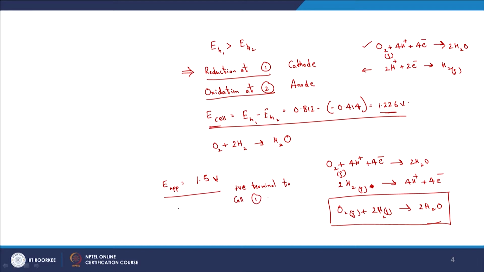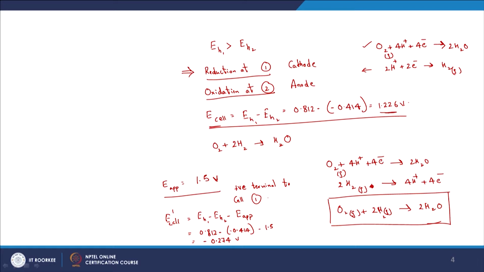Then I can write the new Ecell, Ecell dash, as EH1 minus EH2 minus E applied, and that's again going to be equal to 0.812 minus 0.414 minus 1.5, and so that's now going to be equal to minus 0.274 volts.